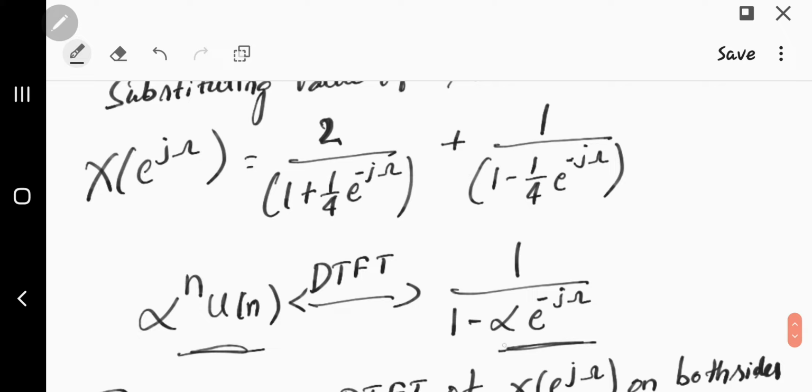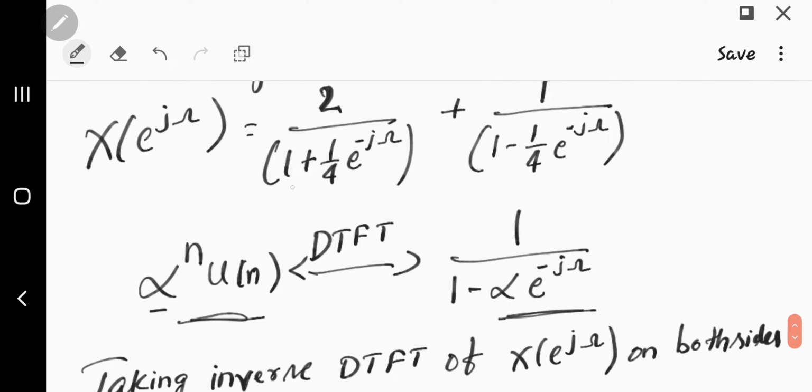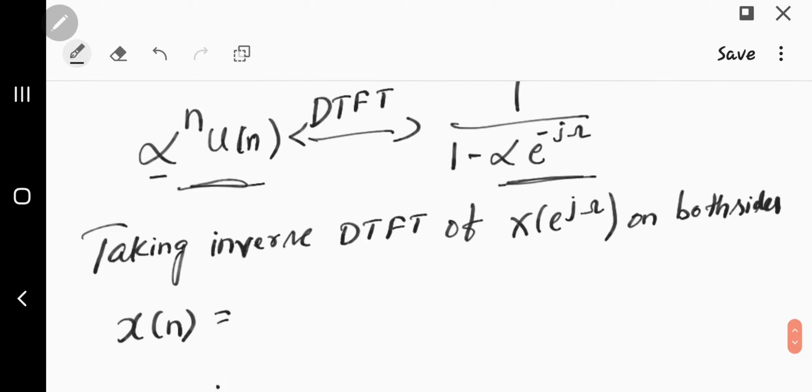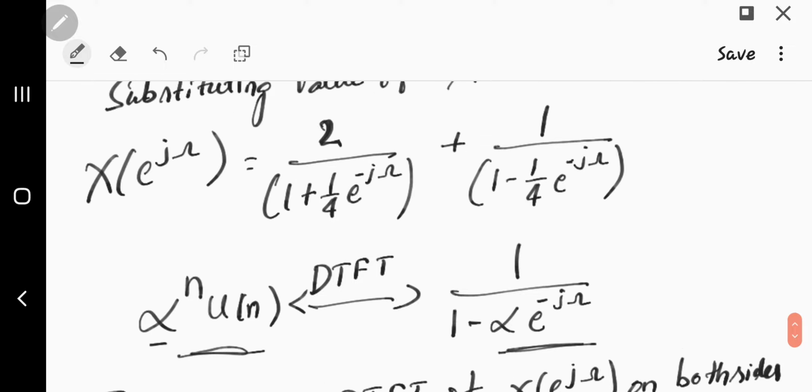Compare this: we have 1 minus α e^{-jω}, so we have plus alpha here, that's why you get 1 minus alpha. So here we have 1 plus, that means the alpha value is minus alpha. So 2 into, in place of alpha, what do we have, (1/4)^n into u[n]. So this is the first part.